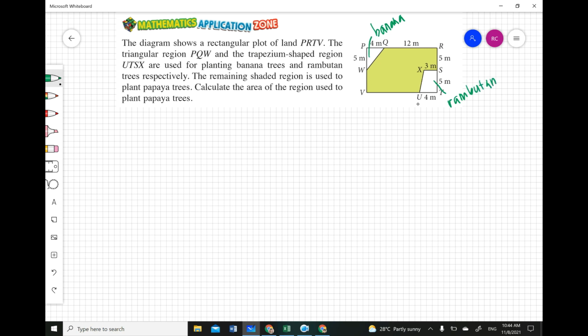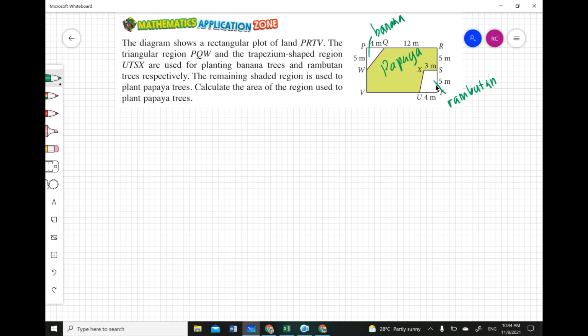The remaining shaded region is used to plant papaya tree. So in this part here, they planted the papaya trees. Calculate the area of the region used to plant papaya tree. So you just need to calculate the region over here, the shaded region. To do that, you just need to start from the simplest working. How to get this shaded region?